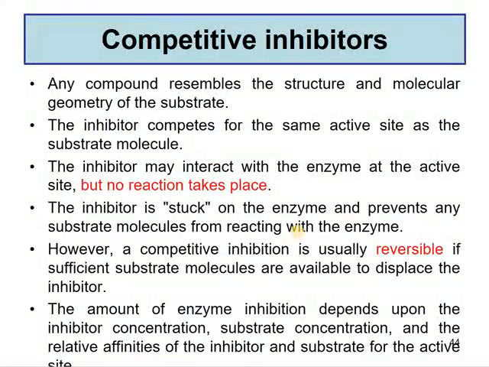Okay, so the amount of enzyme inhibition depends upon the inhibitor's concentration, the substrate concentration, and the relative affinities of the inhibitor and the substrate to the active site. Which one has more affinity to the enzyme?